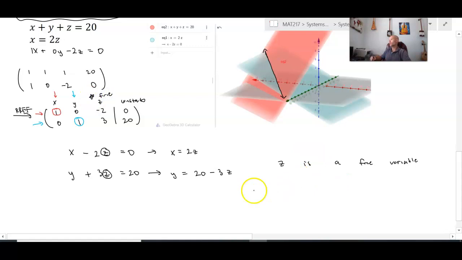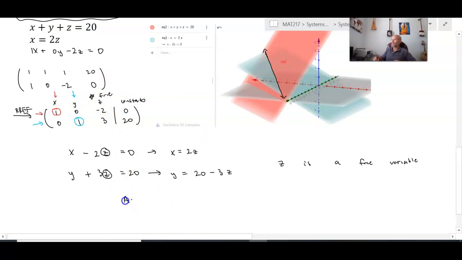And notice that was the same conclusion we made here by analyzing these two solution equations. But here we did that very algorithmically. We didn't need to spend too much time thinking about the equations, although that's a good way to go. A lot of times we may have more than two equations and we really just want to get at the solution. Okay, so z is free.